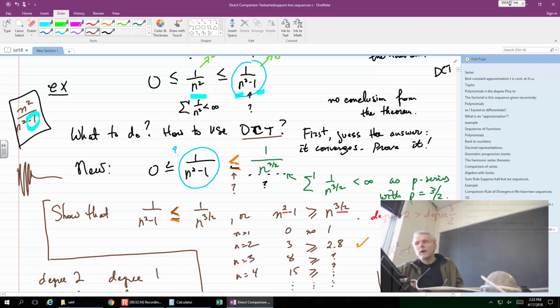Sometimes it works out fine, sometimes it does not, and then it's better to concentrate on finding a similar sequence rather than a sequence that is bigger or smaller than your sequence. So the reason why the series converges is justified by this.